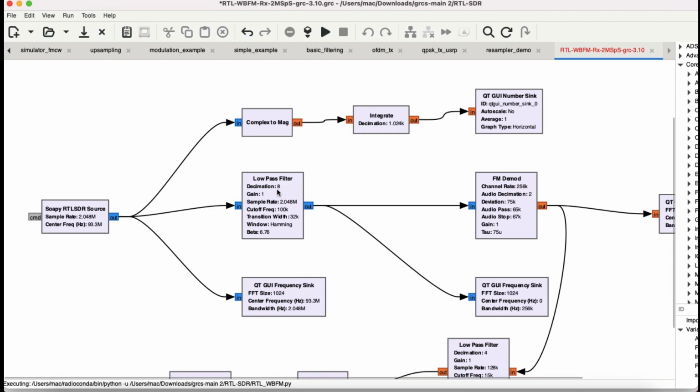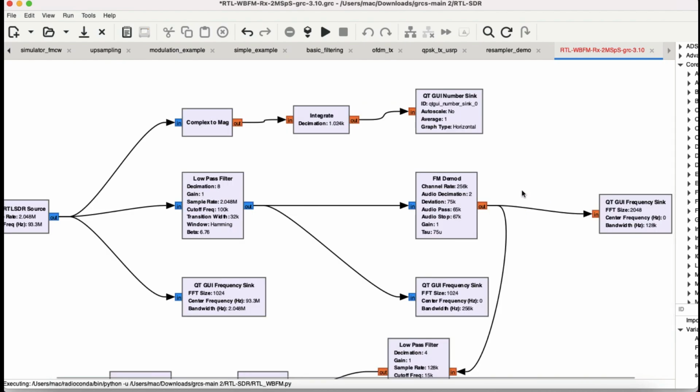Now if you were to look at it, 2.048 divided by 8 will give you a different sample rate, which we're calling your channel rate. That is becoming your channel rate in your FM demodulator, 256 divided by K. By just taking this value as is, think of it as 2 megasamples.